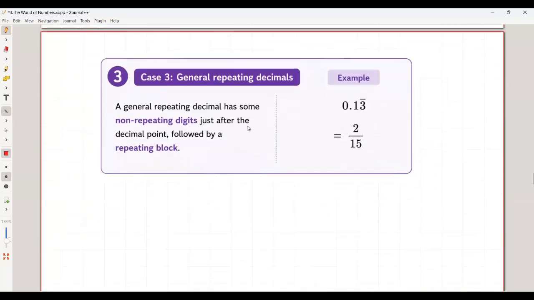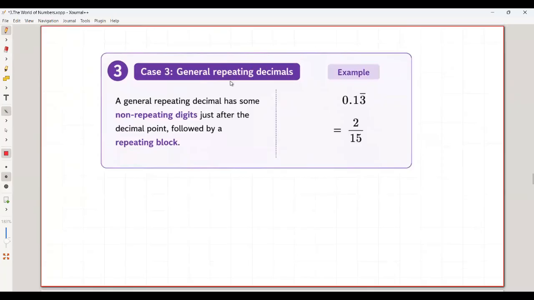Another one is general repeating decimal. General repeating decimal means the digits do not repeat immediately after the decimal point. Here you can see, after the decimal point one number comes, and after that number the 3 is repeating. A general repeating decimal has some non-repeating digits just after the decimal point, followed by a repeating block.